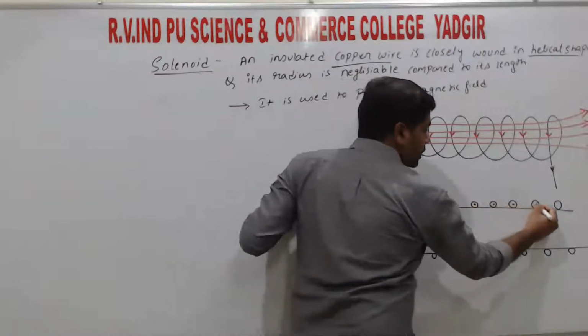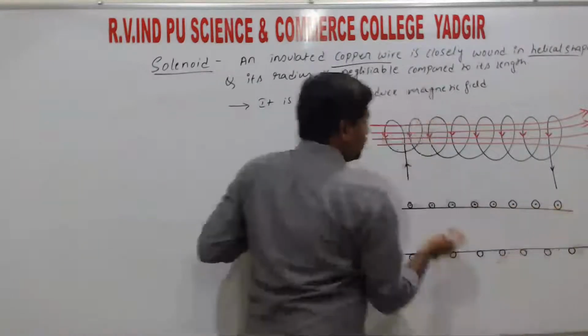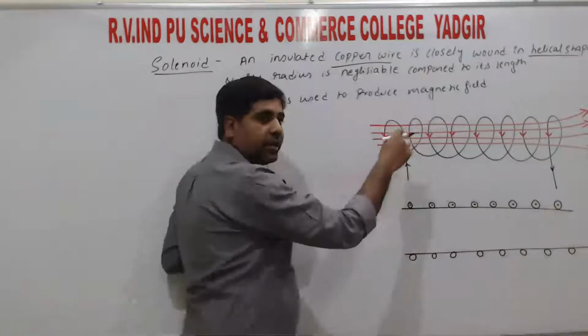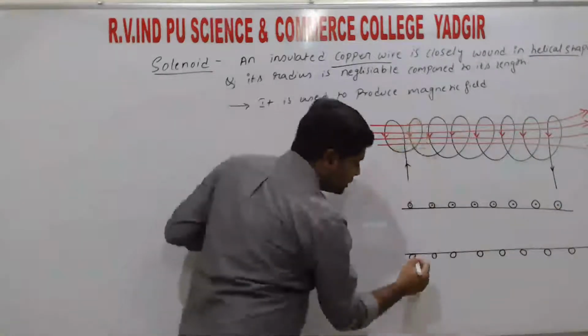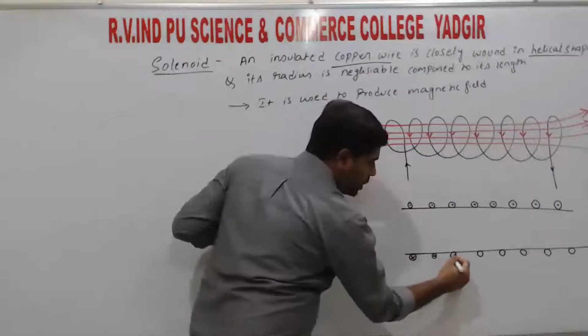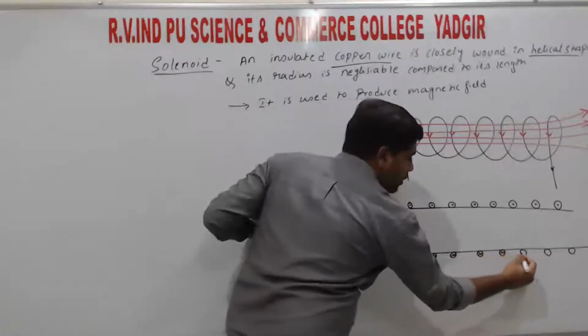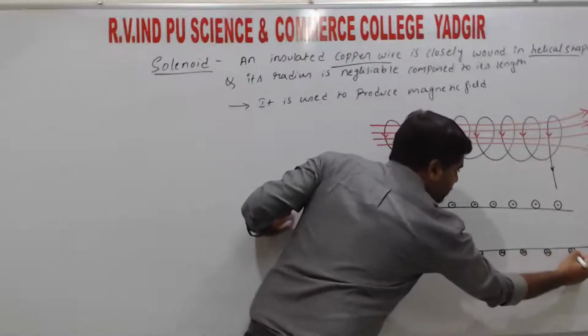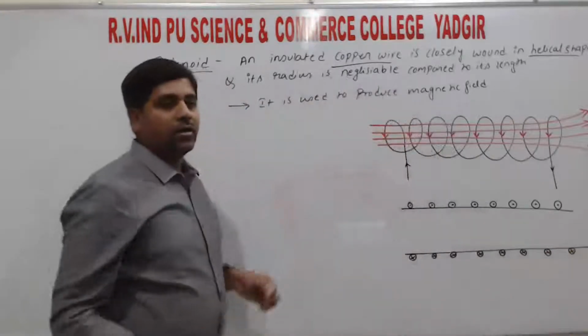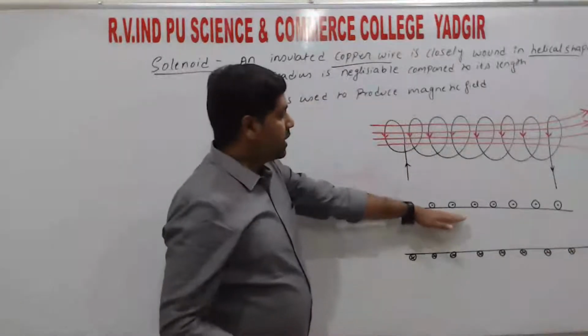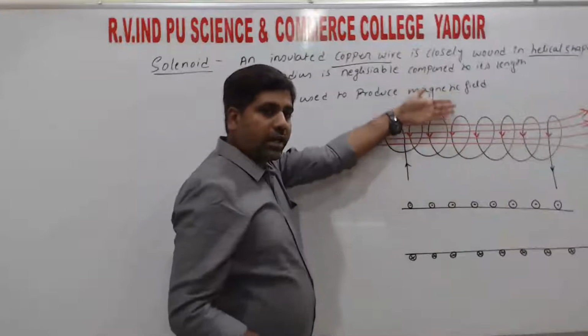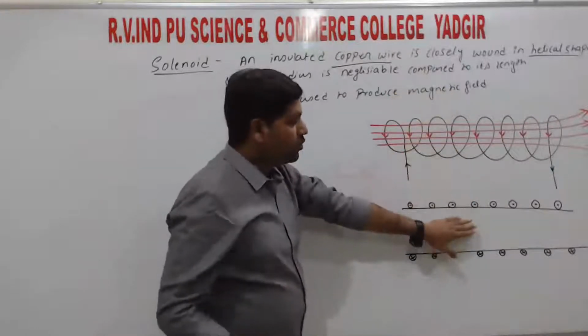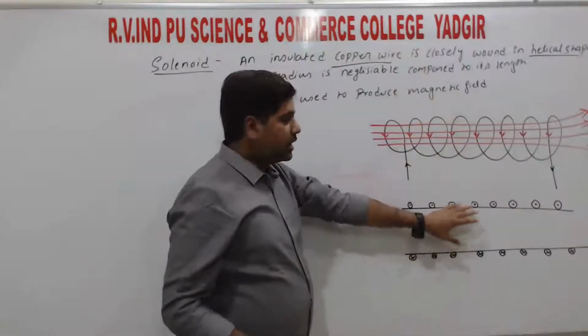This is the upper part. Then it goes inside the board, so the bottom part is represented with a cross symbol. It indicates the direction of the current. So the top most layer, when we cut it in cross section, gives the cross sectional representation of the solenoid.